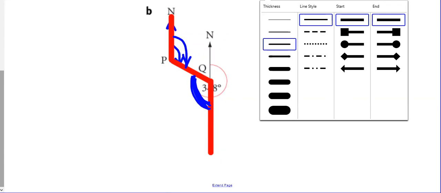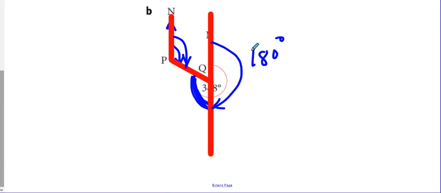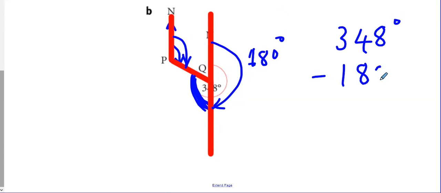I said, and I repeat myself, that this line here going down, can you see that line? That line there going down is your 180 degrees. Now, how do we get the other portion? You take 348 degrees, you minus 108 degrees.